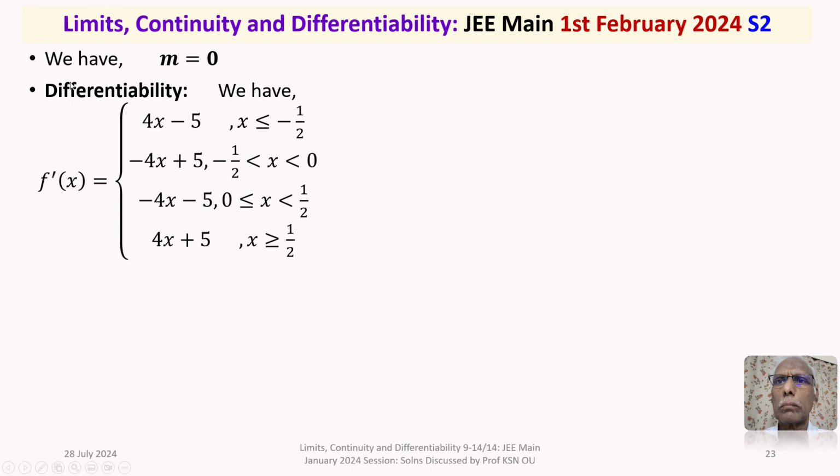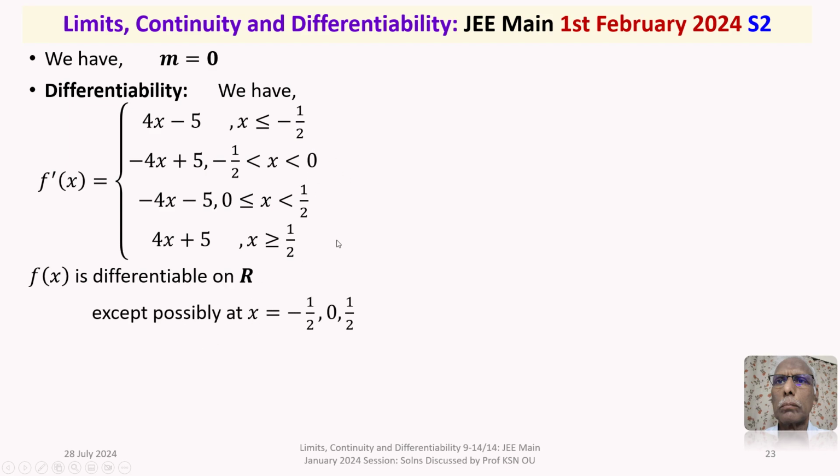So that means f of x is differentiable everywhere except possibly at x is equal to minus 1 by 2, at x is equal to 0, at 1 by 2. Right. So that means the left hand derivative and right hand derivative at these 3 points you have to compute.